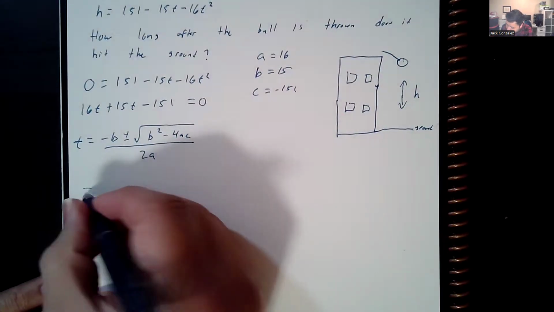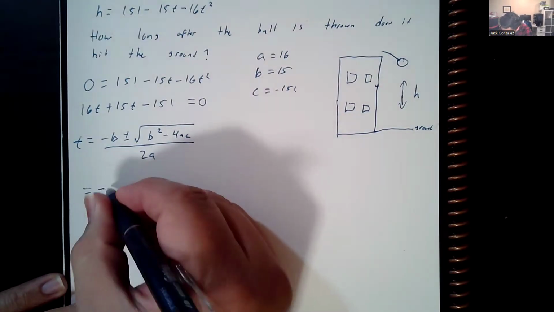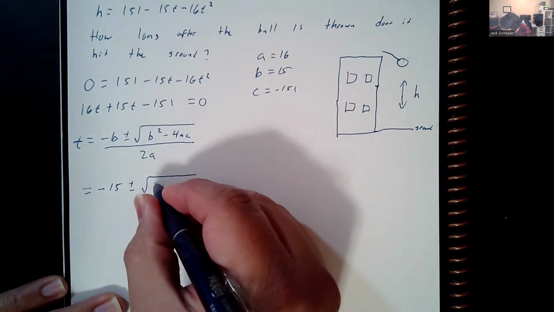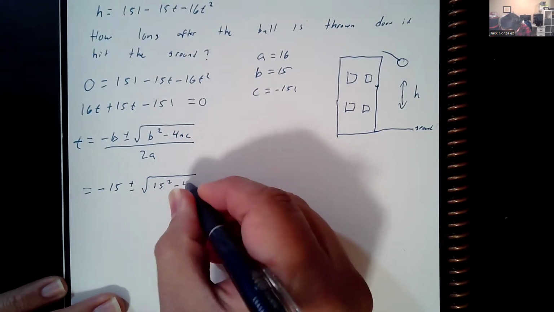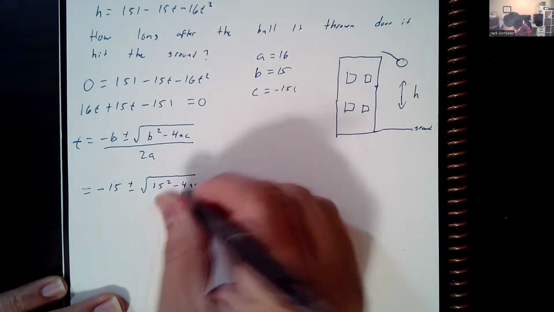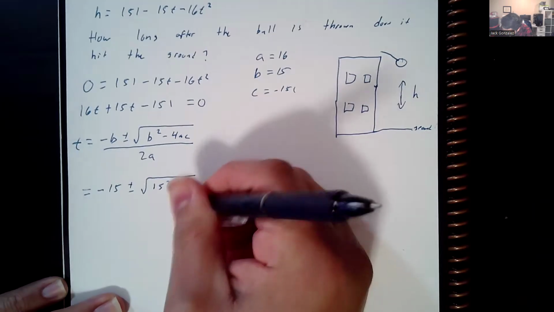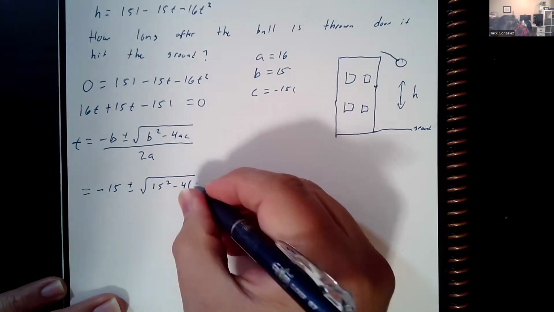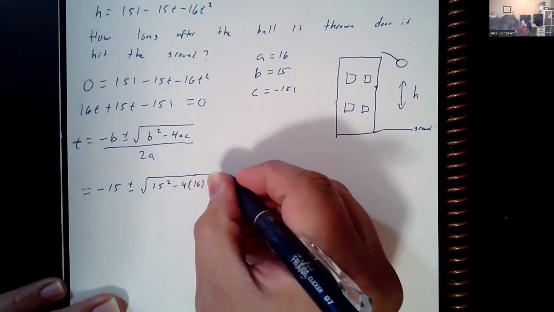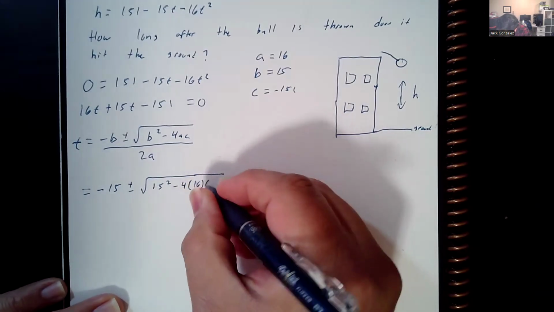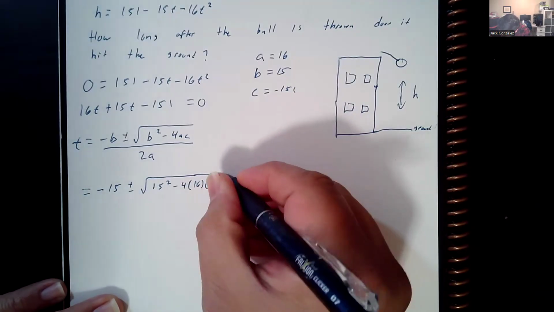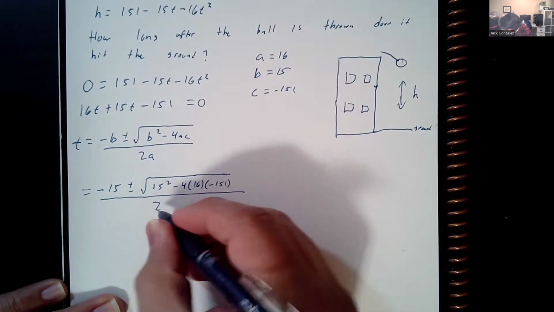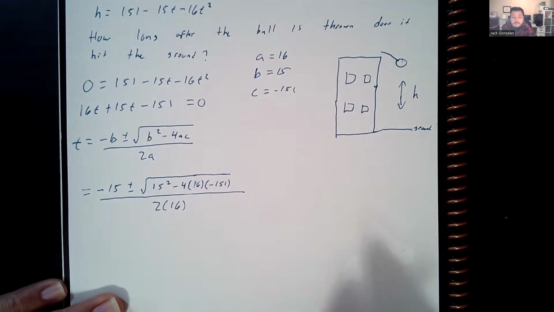Okay, so that'll be negative 15 plus or minus the square root of 15 squared minus 4ac. Oops, sorry. A was 16 times negative 151. There we go.